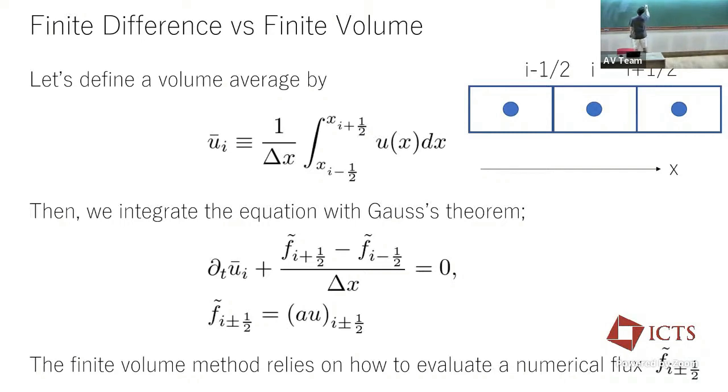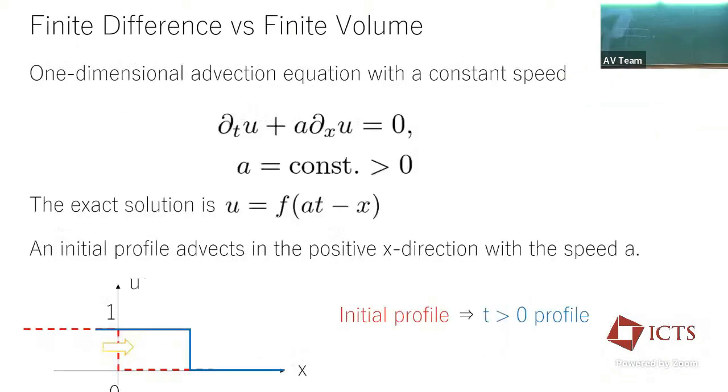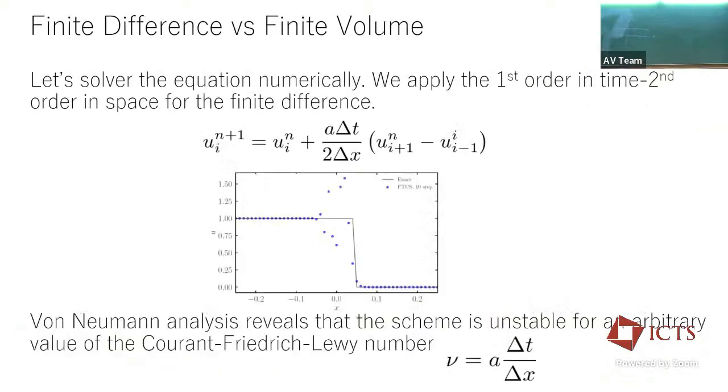So you have delta x, AU. This is a flux, and you integrate from i minus 1/2 to i plus 1/2, dx, right? The physical flux is F, which means, in this example, A times U. Yes, okay.